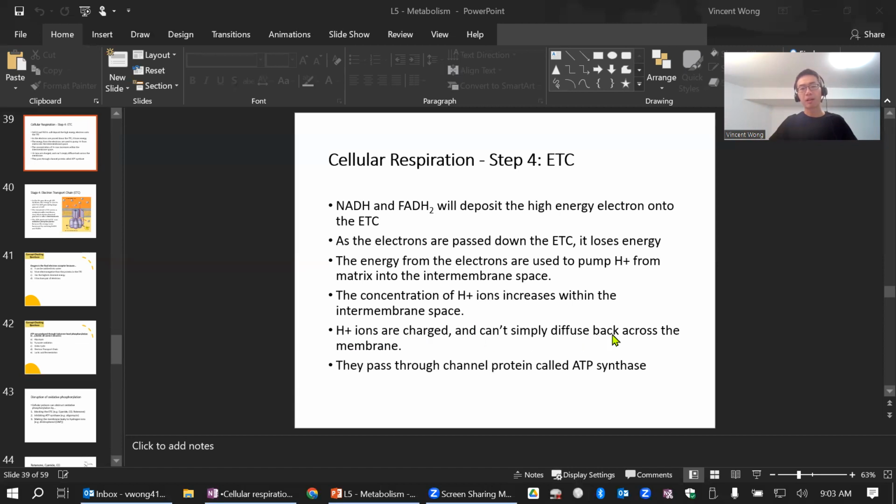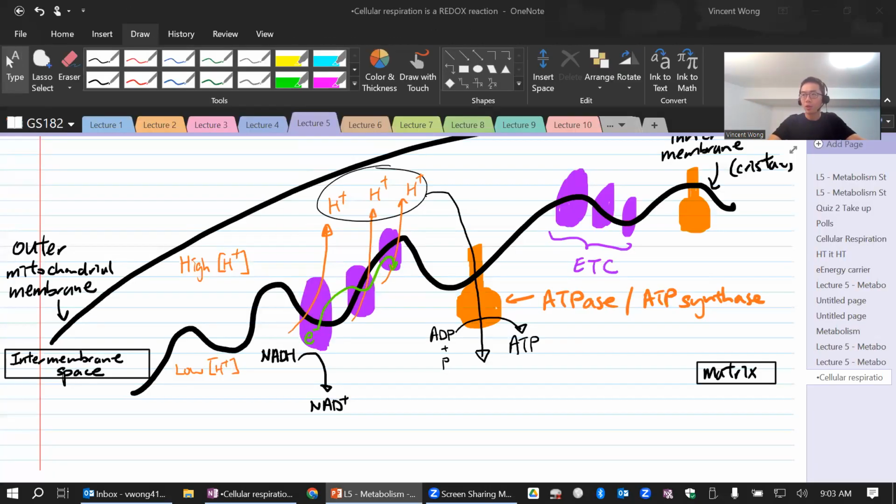So they cannot simply diffuse back across the membrane. The only way back in is through the ATP synthase, that orange doorknob looking thing, right? And when they do go through the ATPase, the energy that is built up from the concentration gradient is captured to produce ATP.